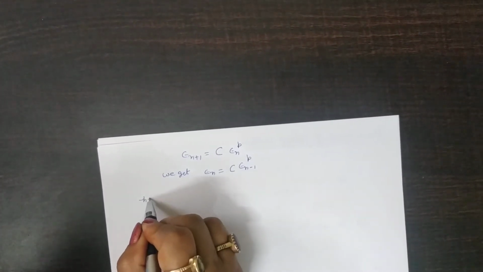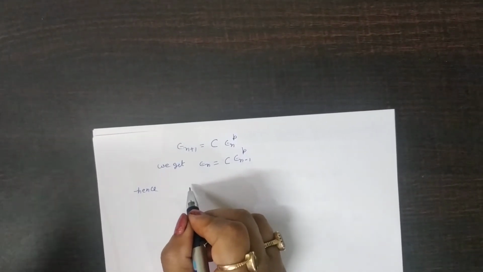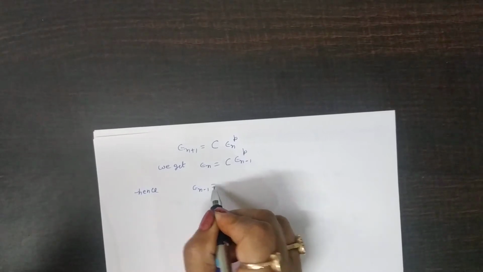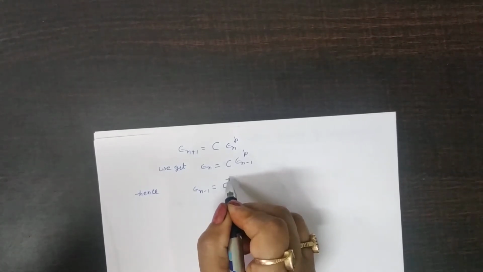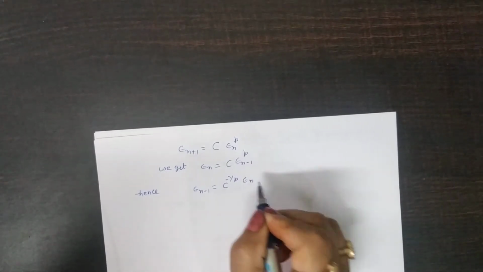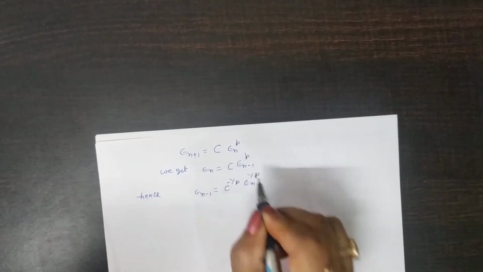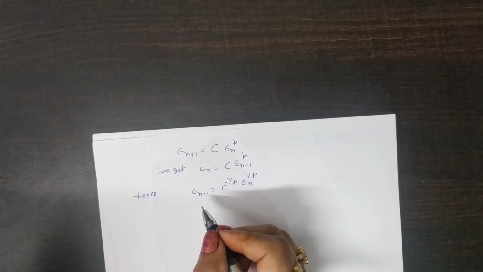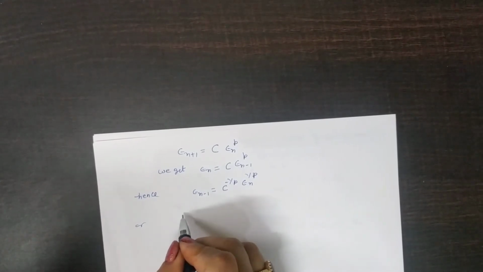Hence epsilon n minus 1 is equal to epsilon n divided by C, that is C to the power minus 1 by p, times epsilon n to the power 1 by p.